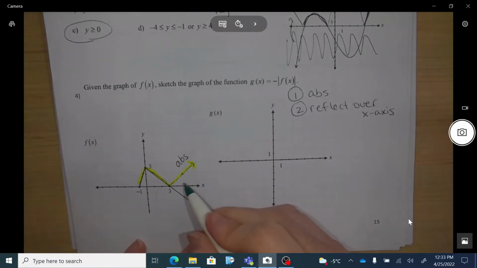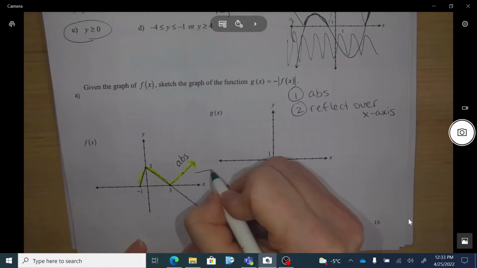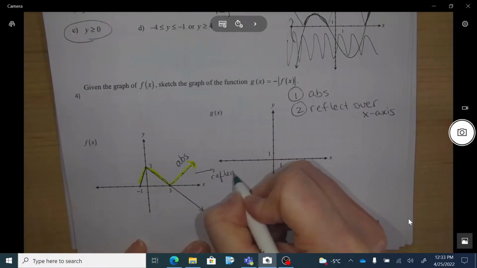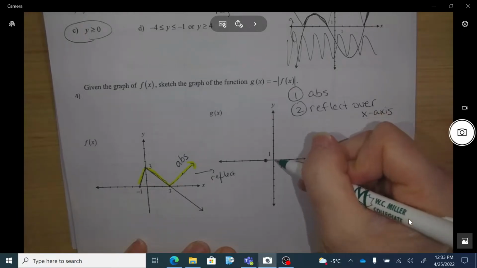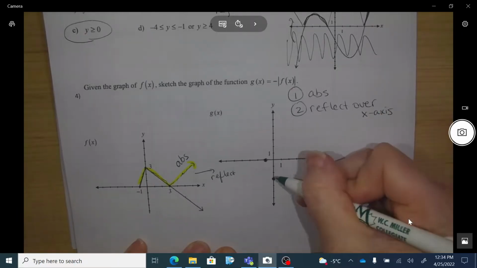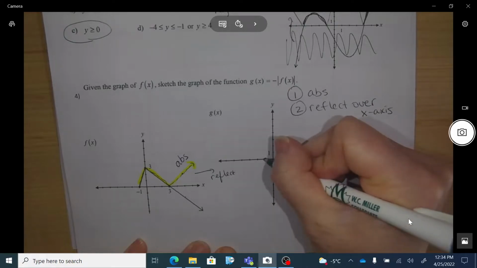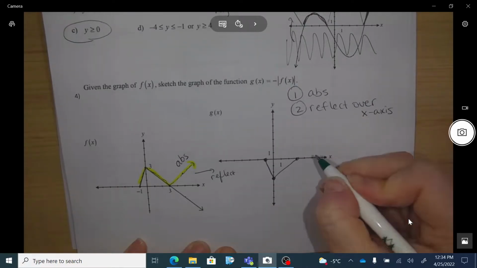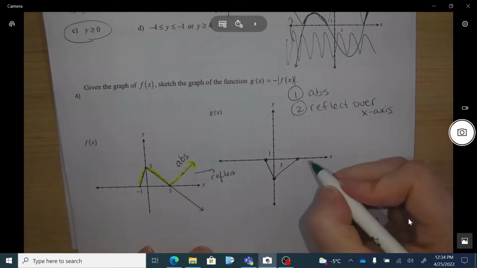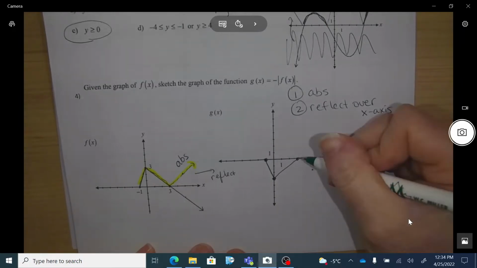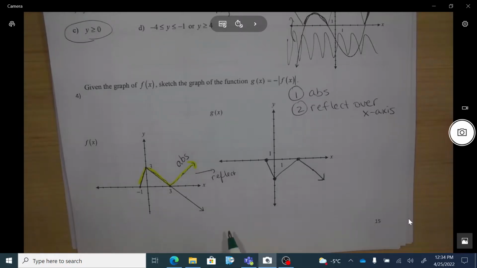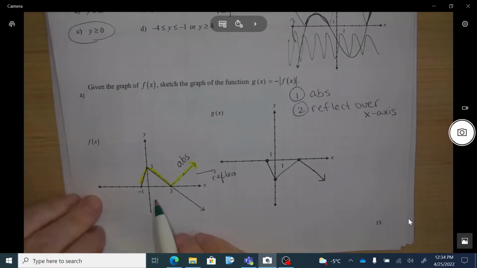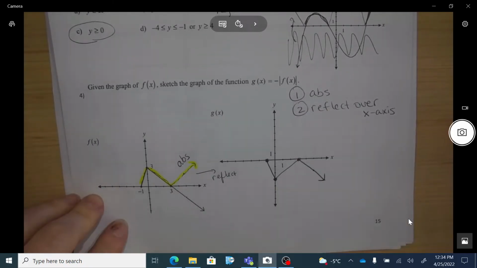Now I'm going to reflect that. So that point would stay, this would reflect there, that would stay, and then this would reflect. Okay, so I absolute first, and then I reflected.